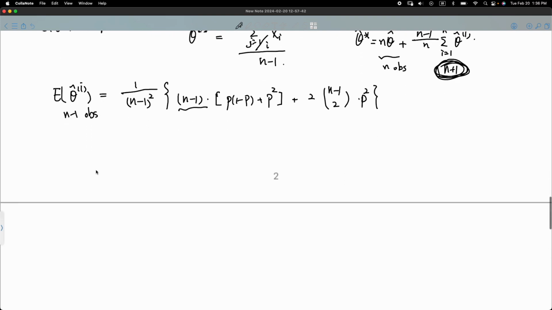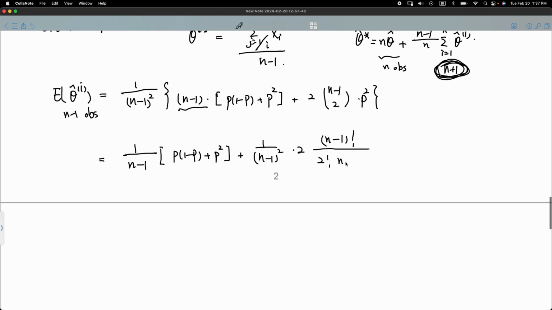This further simplifies to 1 over n minus 1 times p(1 minus p) plus p squared, plus 1 over n minus 1 squared multiplied by 2 multiplied by n minus 1 factorial over 2 factorial times n minus 3 factorial, times p squared.